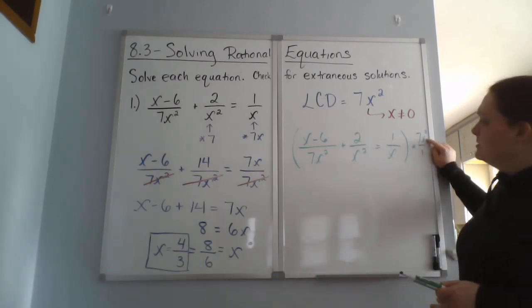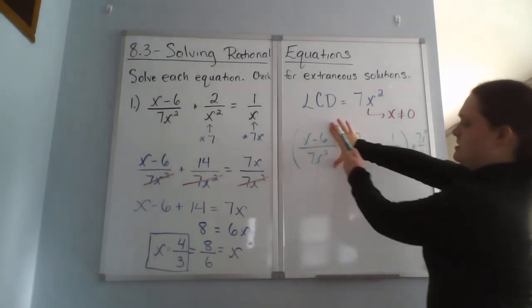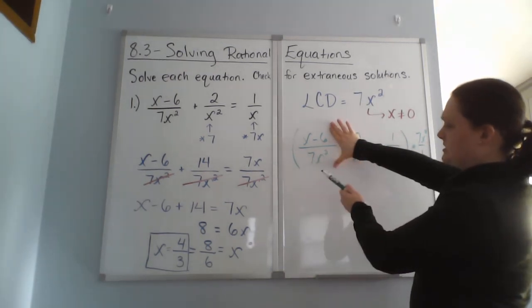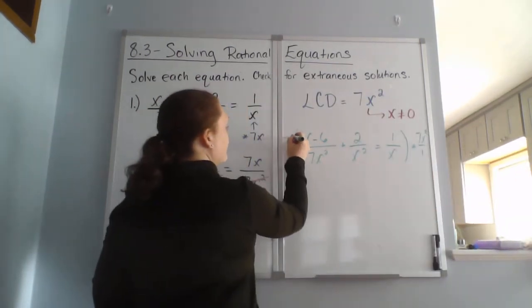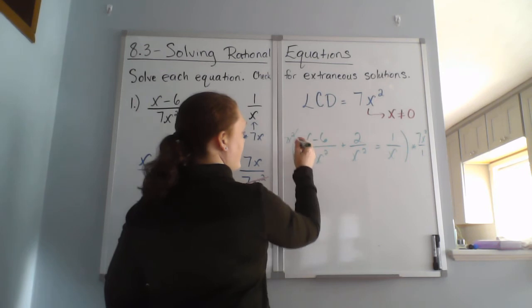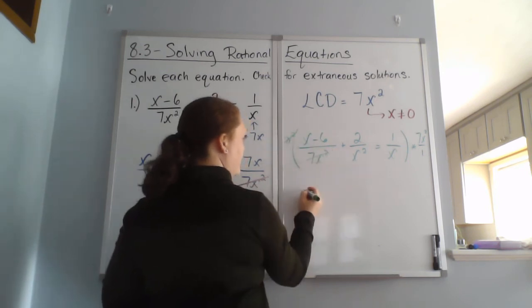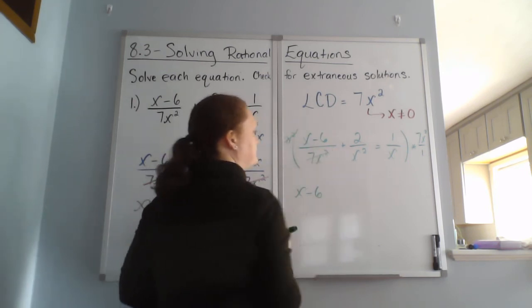Okay. So now if I take this first fraction over here and multiply it by 7x squared, so think of it as 7x squared times this fraction, that and that would go away. I would be left with x minus 6.